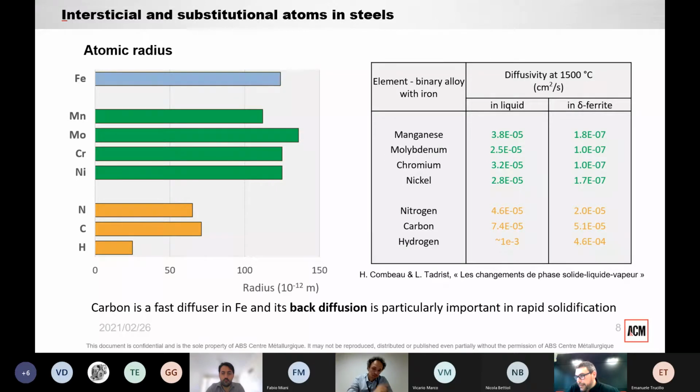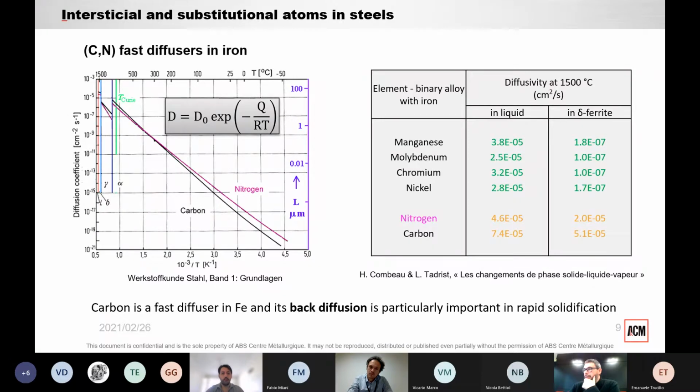In iron, its back diffusion is particularly important in rapid solidification, for example for welding, but it can also play a role in casting. We are currently investigating this. Here I just put a graph to show you that this coefficient follows an Arrhenius law, so it is strongly dependent on temperature.